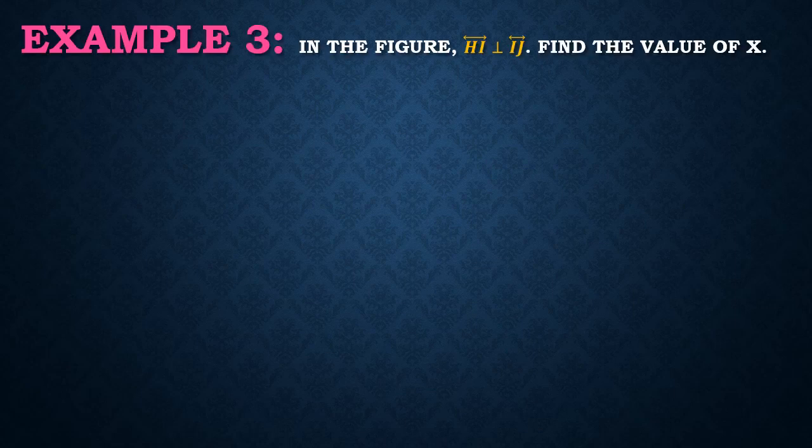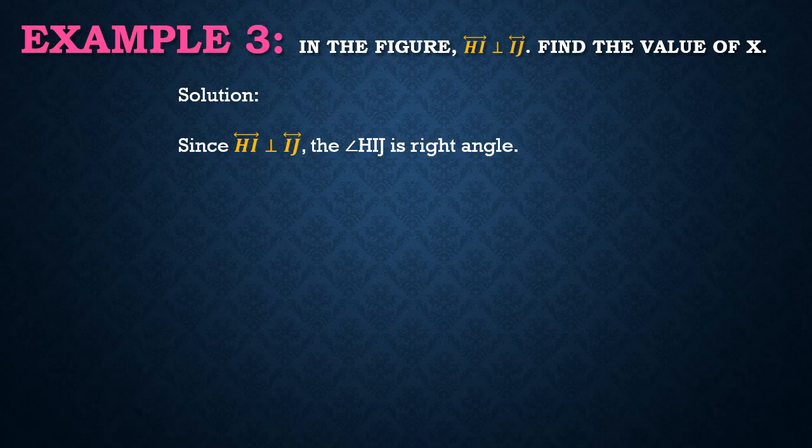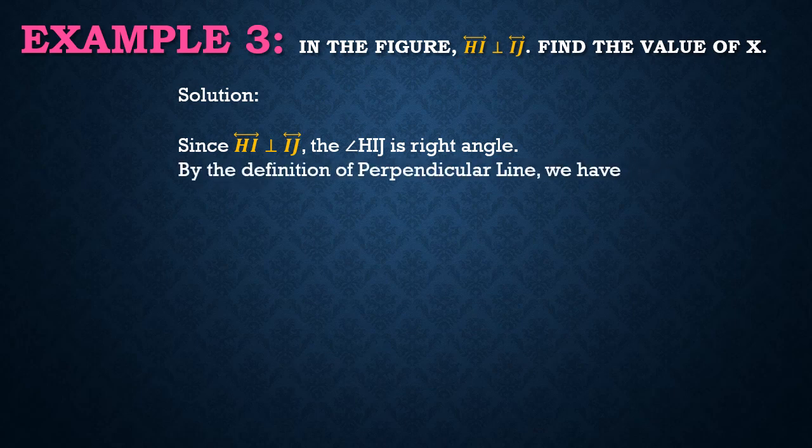To apply the theorems proving perpendicular lines, let's proceed with our example. So in the figure, line HI is perpendicular to line IJ. Find the value of x. Solution. Since line HI is perpendicular to line IJ, the angle HIJ is a right angle by the definition of perpendicular lines.